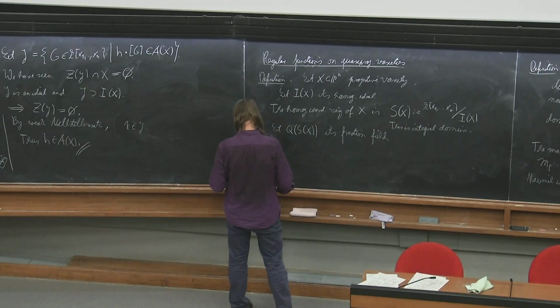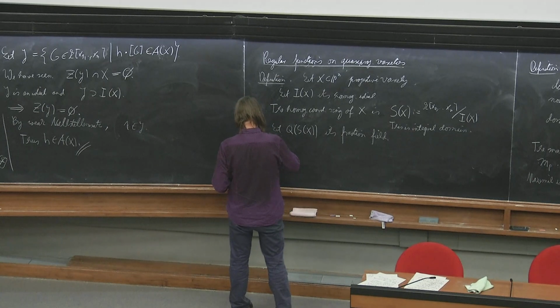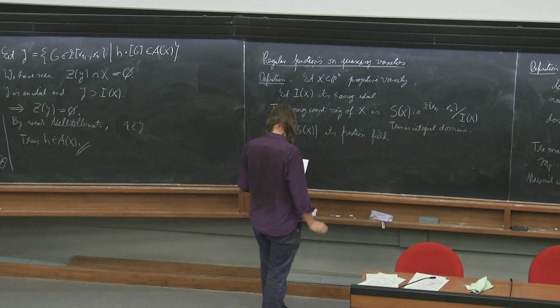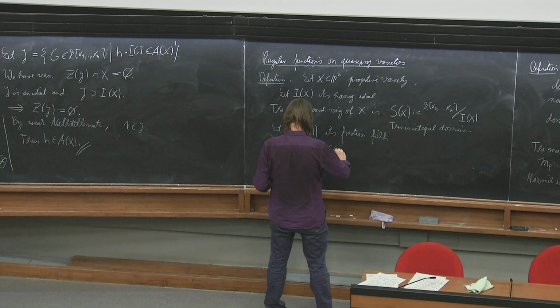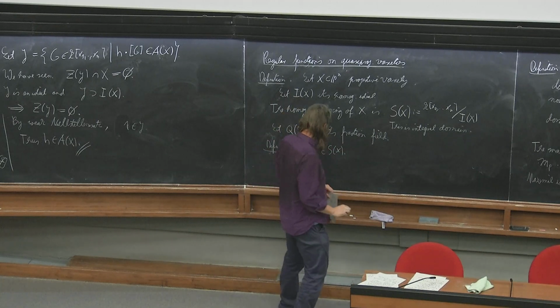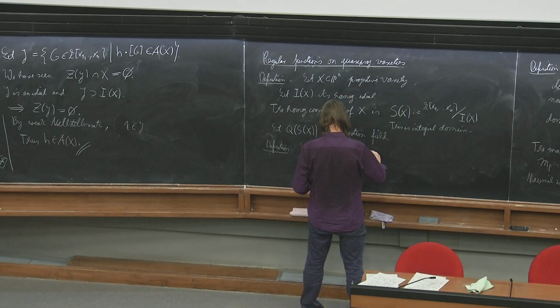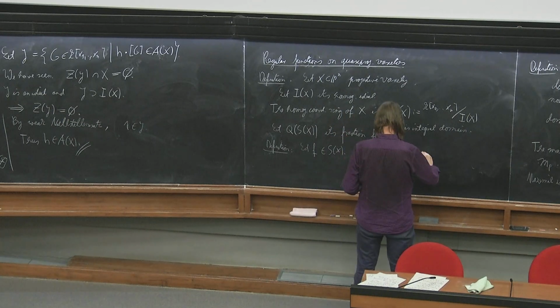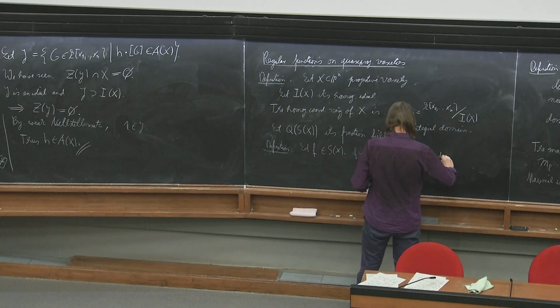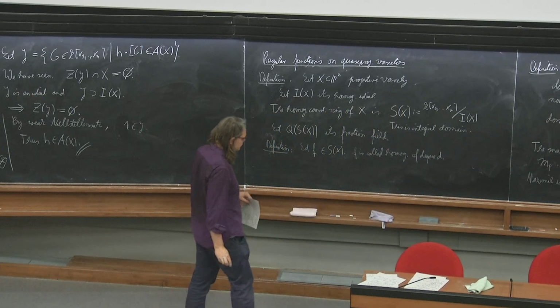An element F in S(X) is called homogeneous of degree d if it has a representative which is homogeneous of degree d.